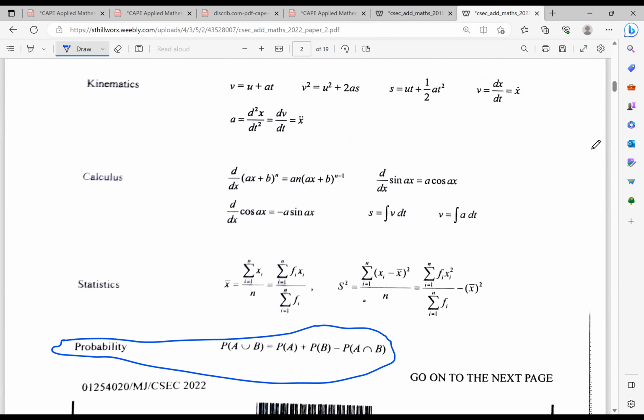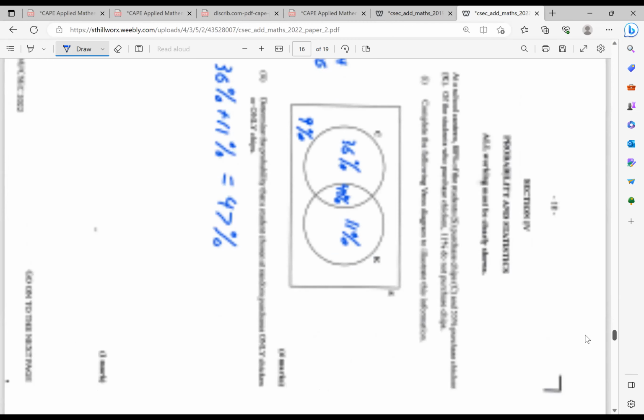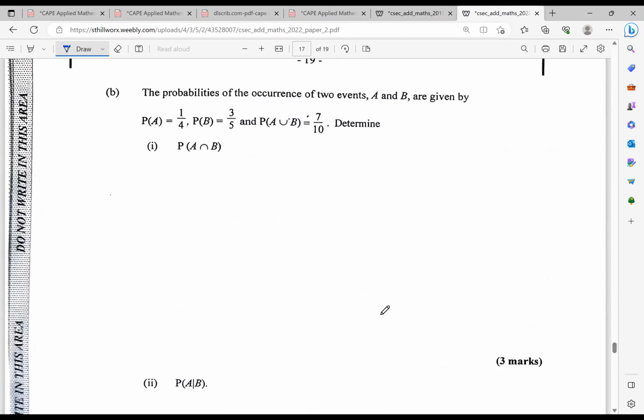Not the given, right? So yes, correct. Usually you do, I mean the statistics formula?